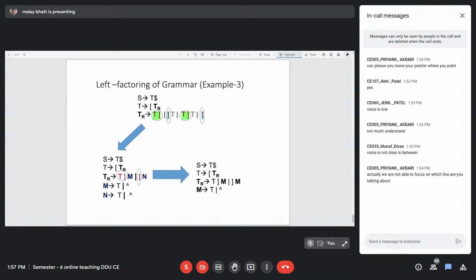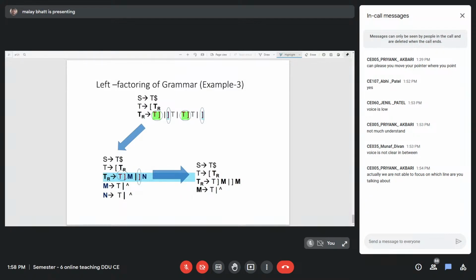So you can see here that S gives T dollar as it is. Now T gives opening bracket TR, it is as it is. And now here we are applying left factoring. As you can see here, for TR, we are introducing a new non-terminal.